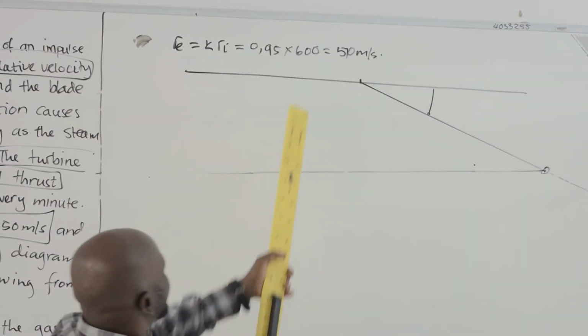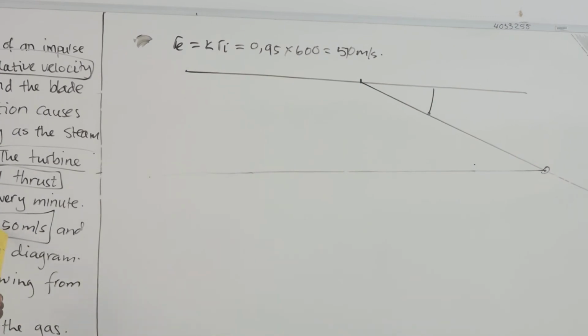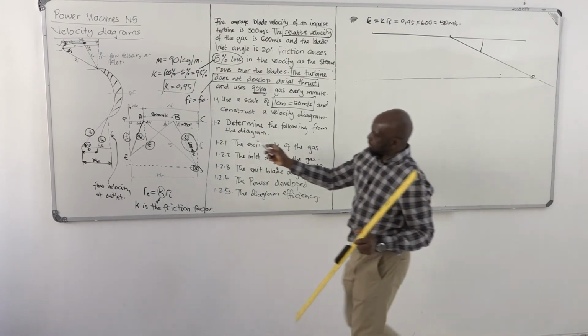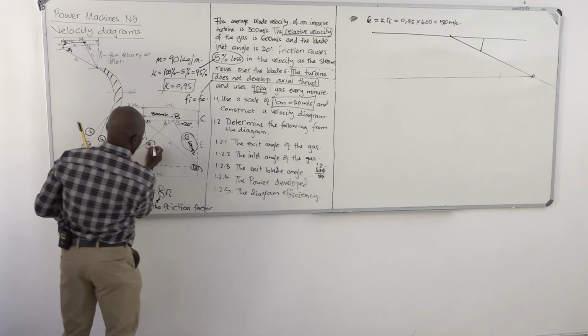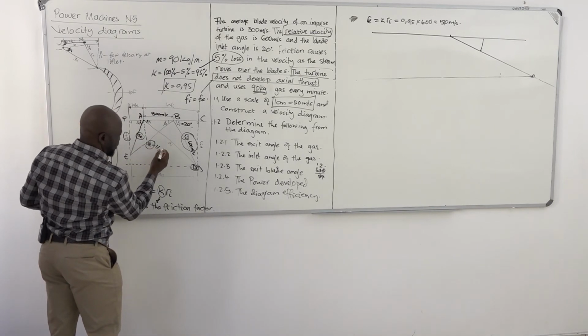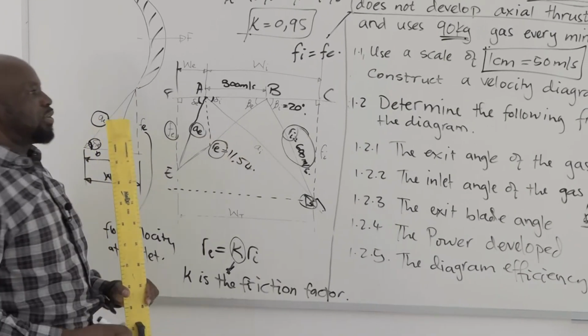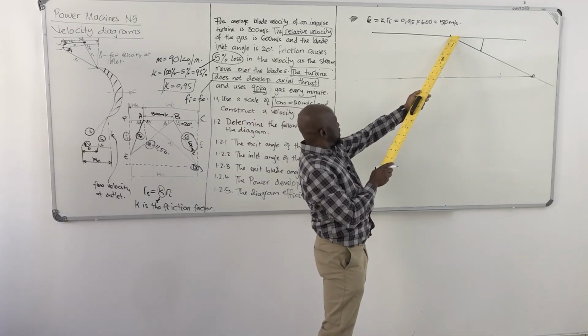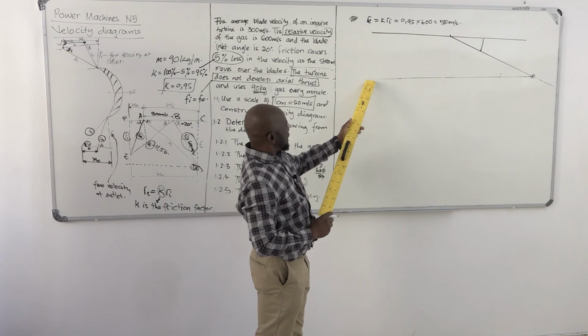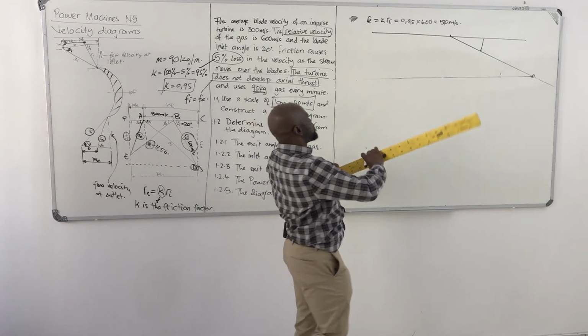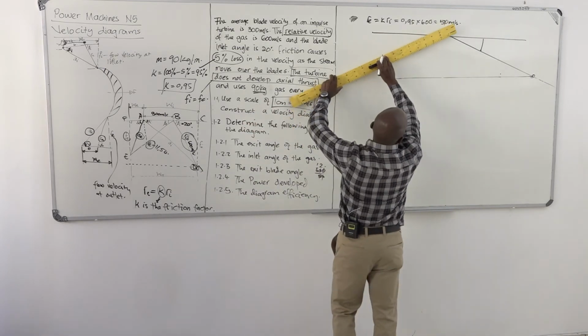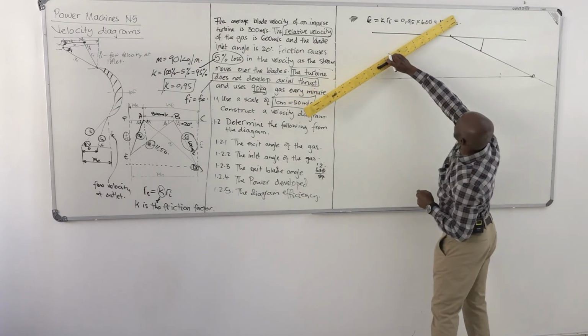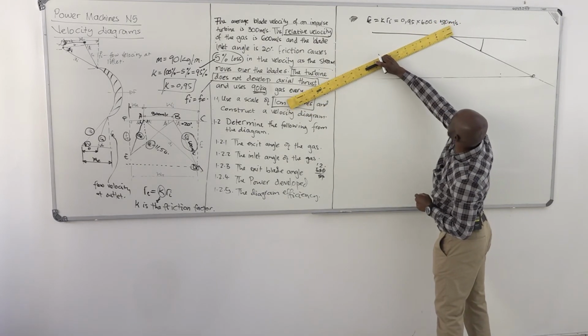Right? Then I divide this 570 meters per second by 50. This Re is giving us 11.54. Right? What it simply means therefore is that I'm going to draw a line from this point to cut this one at 11.54. So I'll put my ruler like this.